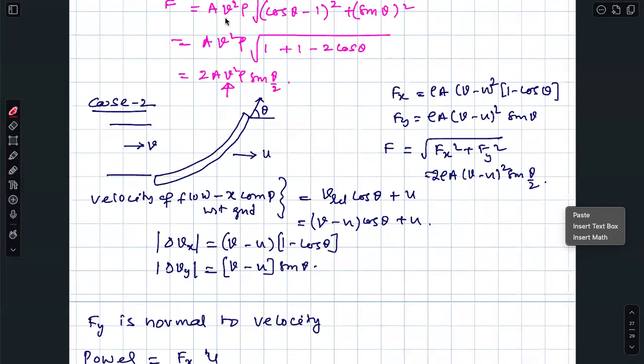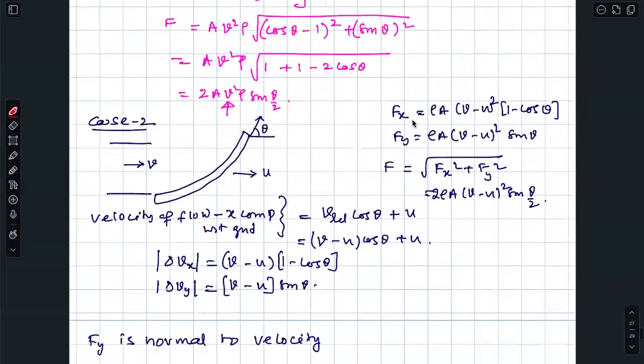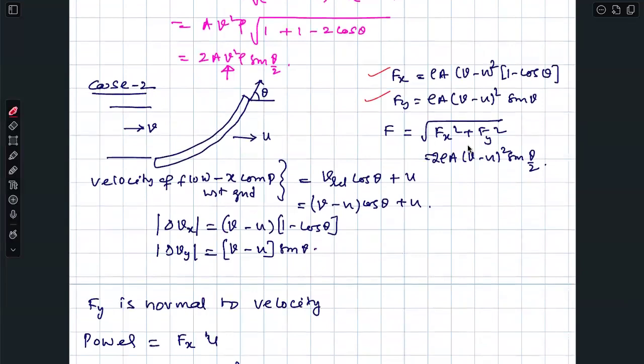I am repeating my observation: in the place of v, you should write v relative. So Fx, Fy, and F is root of Fx square plus Fy square, which is 2 rho A (v minus u) square sine theta by 2.